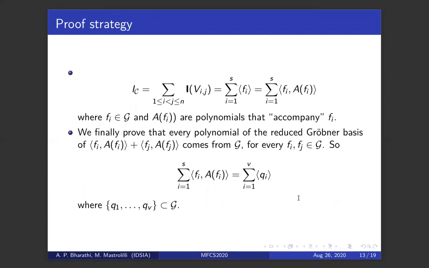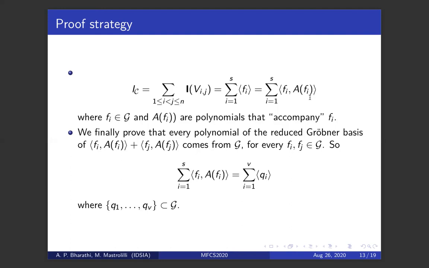So we can write the combinatorial ideal IC as a sum of ideals generated by Fi, where Fi comes from G. We prove that if we know Fi belongs to the ideal, so should a few other polynomials, which we call accompanying polynomials and are denoted by A of Fi.